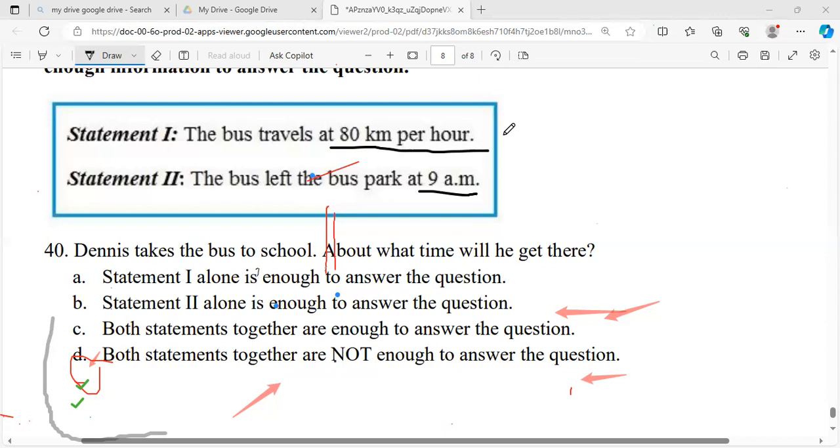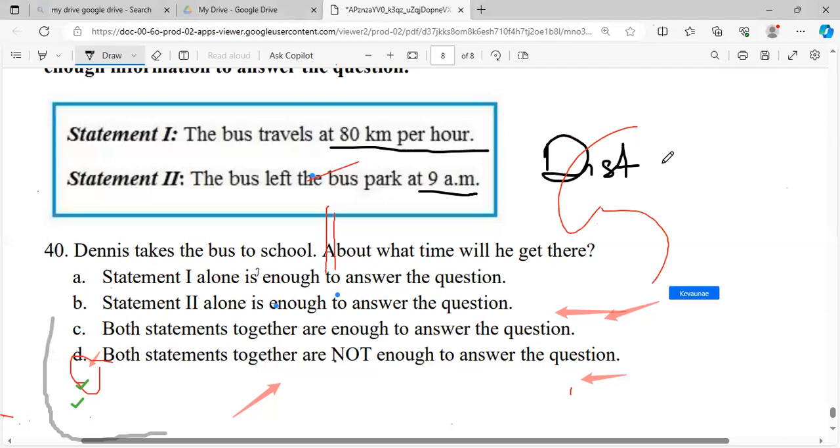We don't know that. In order for us to know that, we must know the distance, as Khalil said. We have to know the distance, guys, because the speed alone is not going to give us all the information we need. So very good. It's actually D.